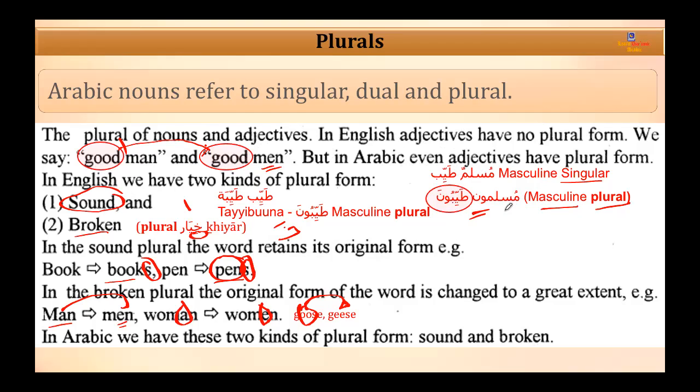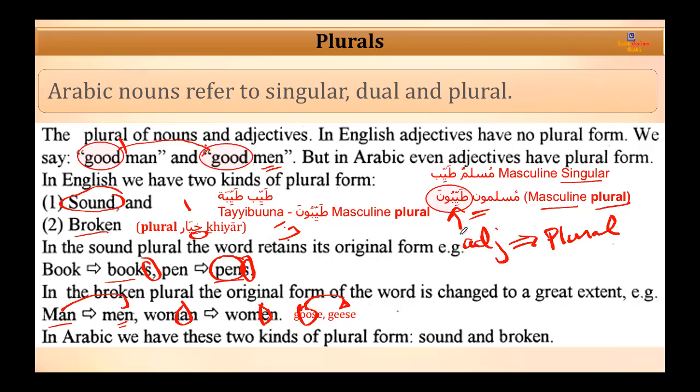So in this case, if you want to make it plural, the good men over here, in Arabic, it would be Muslimuna tayyibuna. Okay, so you see, you have to make the adjective also plural in Arabic.